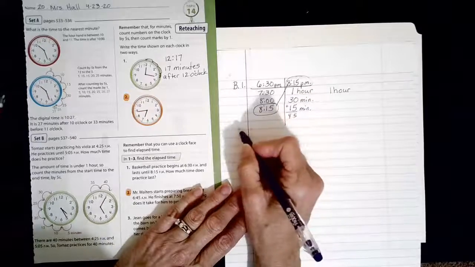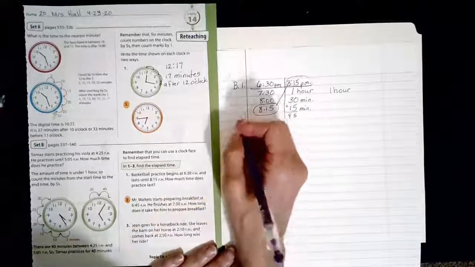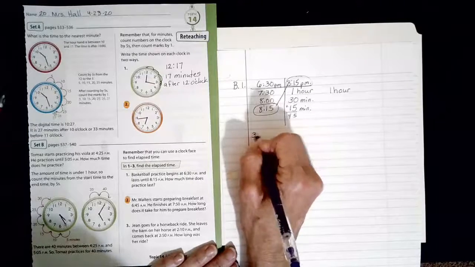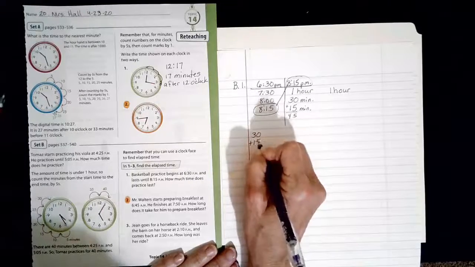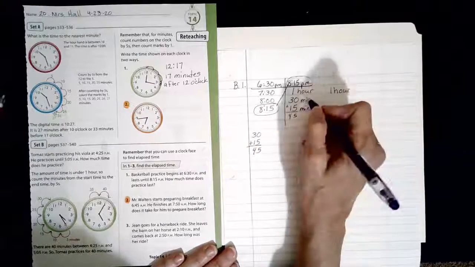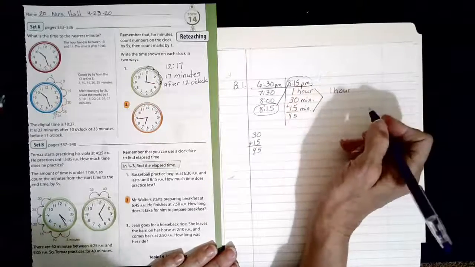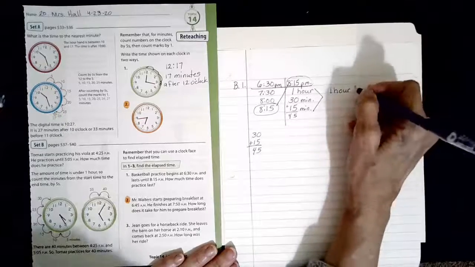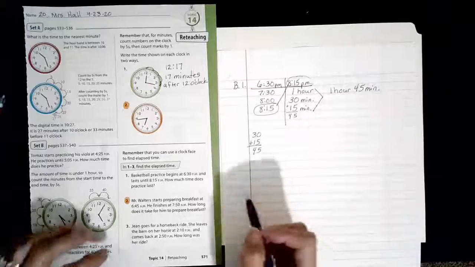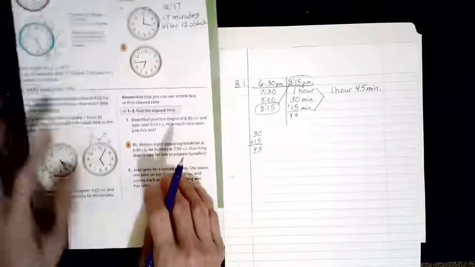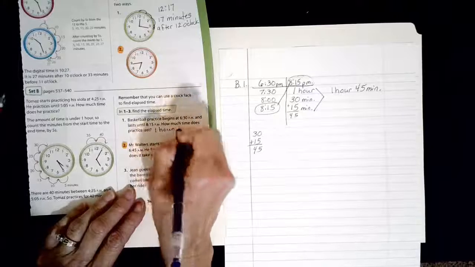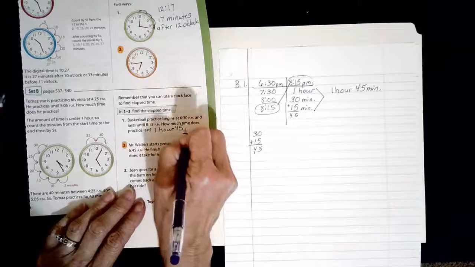Now I could have written it over here if that's confusing to you. I could have written it anywhere. I could have gone here and put 30 plus 15 is 45. So I have my time that elapsed is 1 hour, 45 minutes. So when I look at number 1, my answer is 1 hour, 45 minutes.